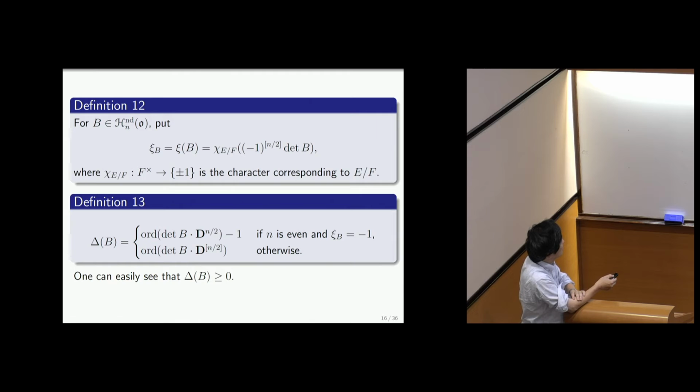And otherwise, delta(B) is equal to the order of determinant B times d^{n/2}. And one can easily show that delta(B) is greater than or equal to 0.